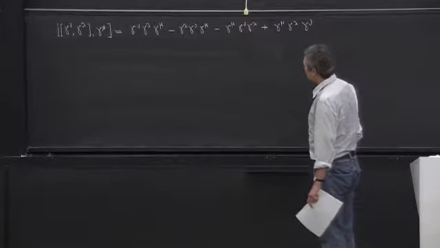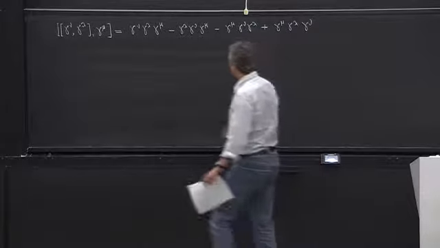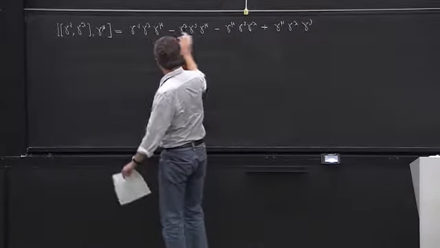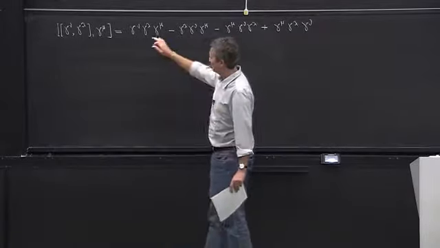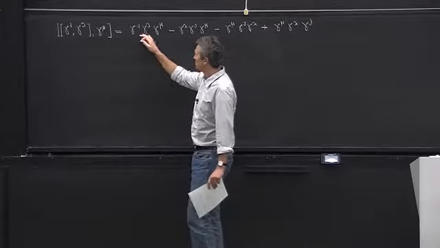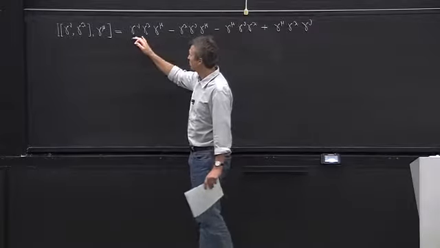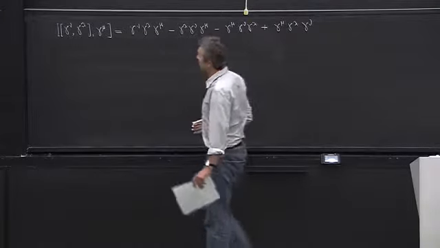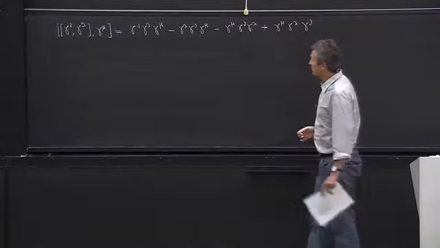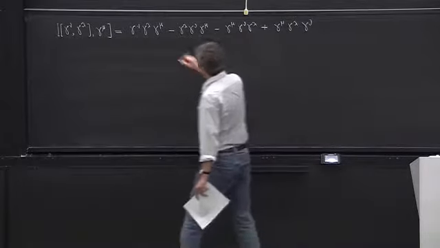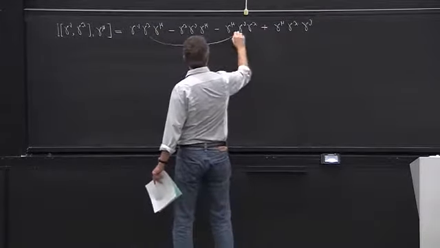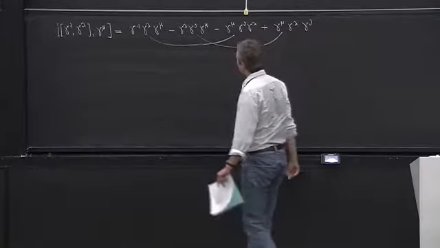To simplify this expression, I combine terms differently. In this commutator formula, these two terms have the same origin, since this is a commutator of the first two Dirac matrices. But let me combine them differently: let me combine these two terms and these two terms.